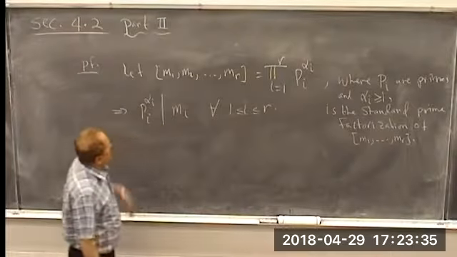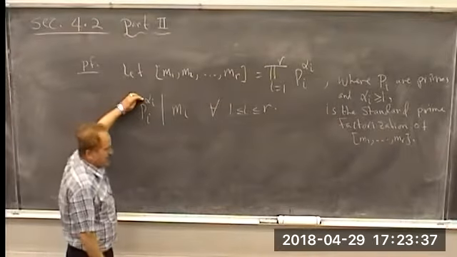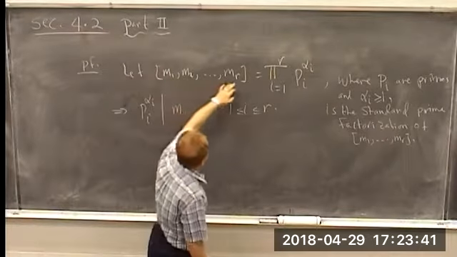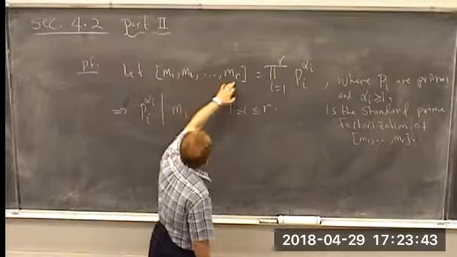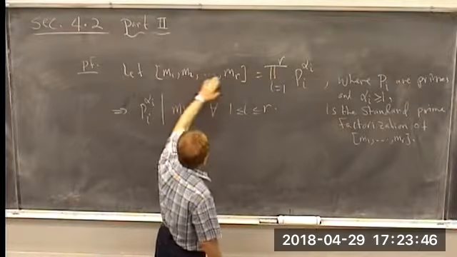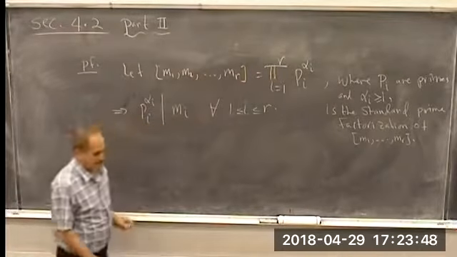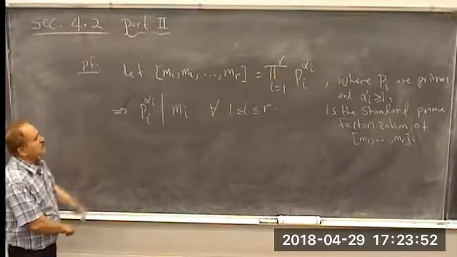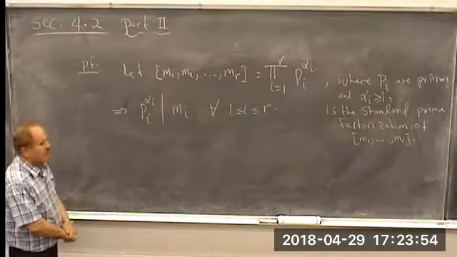So remember, these alpha_i's are the maximum of the exponents coming from the primes in the prime factorization of each one of these Mi's, okay? So this is what these are. We've done it for, of course, 2 integers, but this is true for all.